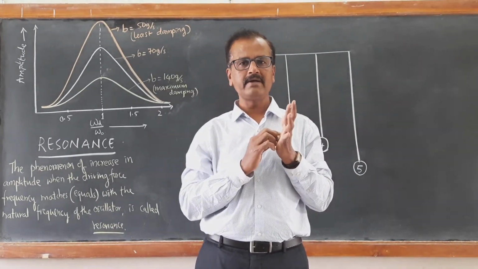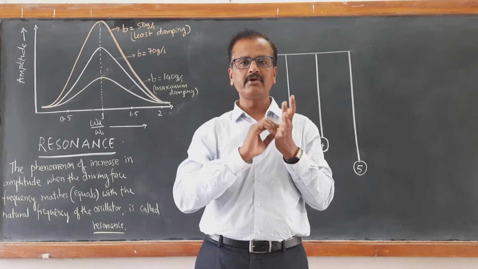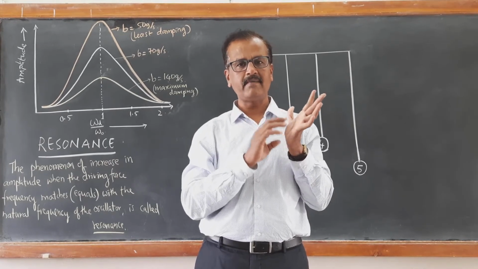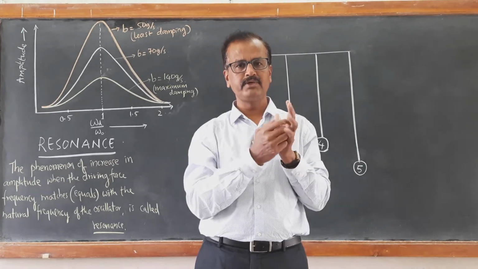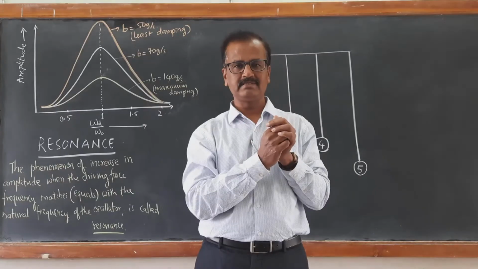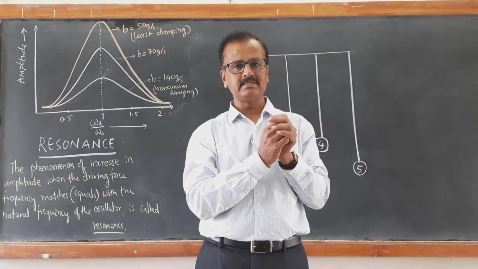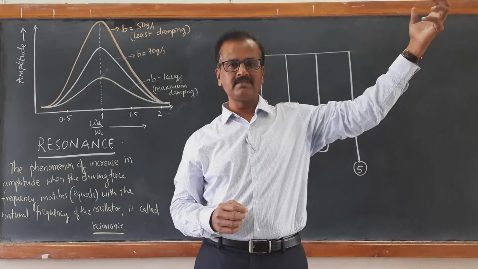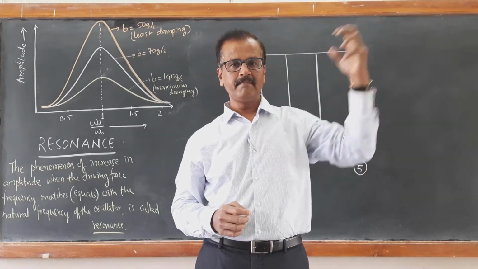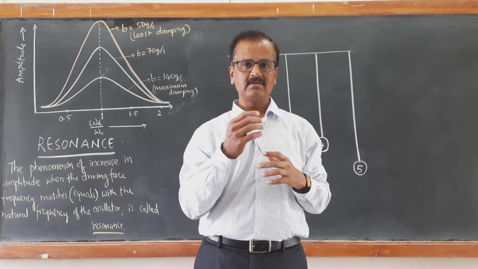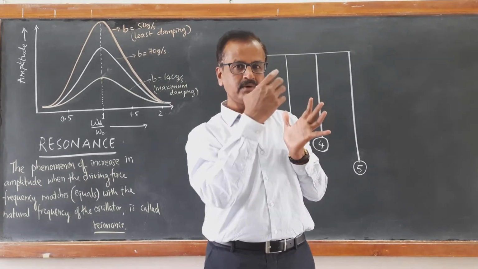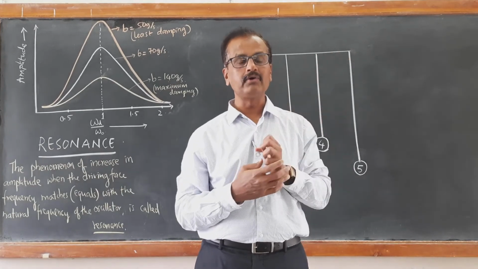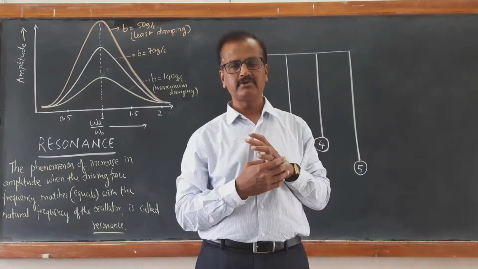The radio has so many broadcasting services with their own frequencies. When we search manually, what we actually do is change the frequency. At one particular frequency, what happens? If the frequency of the broadcast signals matches the frequency of the LCR circuit in the radio set, then we get clear audio of that particular radio station.